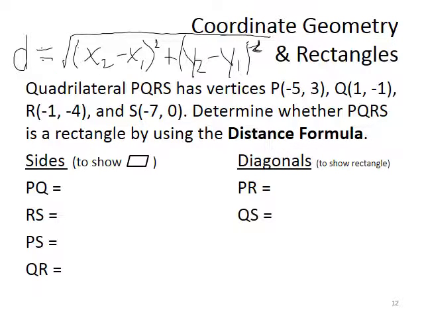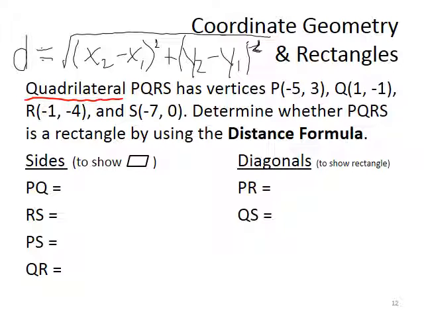That gives us the distance between 2 points, or in this case, the lengths of the sides. It tells us something about the lengths of the sides of the quadrilateral. And because we're just given the quadrilateral part, all we know is that it has 4 sides.